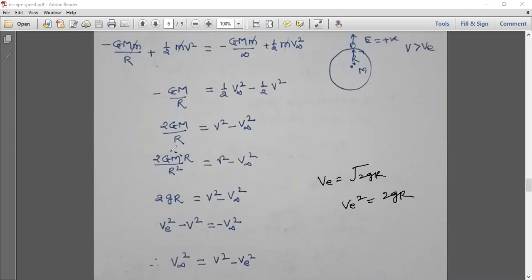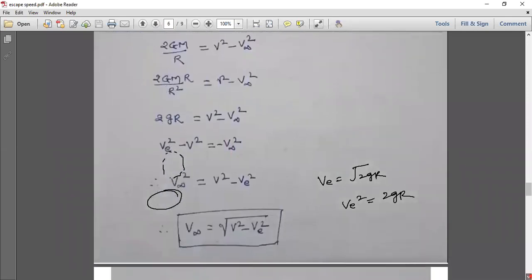That's why here, in place of this, I am substituting v_e square, and this v square I have transferred here. So v_e square minus this v square is equal to minus v infinity square. Again multiply with minus, so v infinity square is equal to v square minus v_e square.